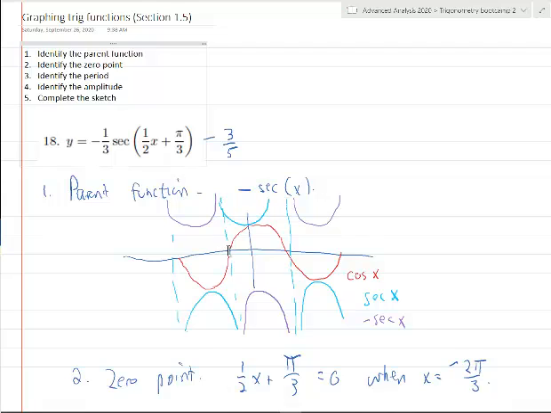Now notice if I'm just a little bit to the right of this 0 point, then cosine is positive. If I take 1 over a small positive number, I get a large positive number. So to the right of this asymptote, the function is positive. To the left, it's negative. This asymptote, it's running positive to infinity. This asymptote, it's running negative to infinity.